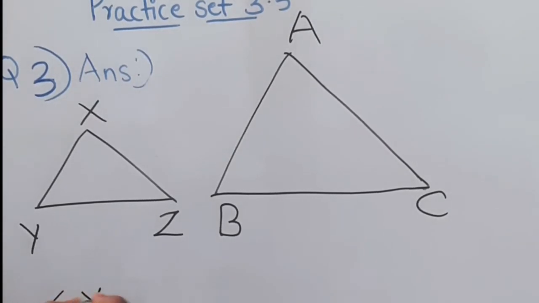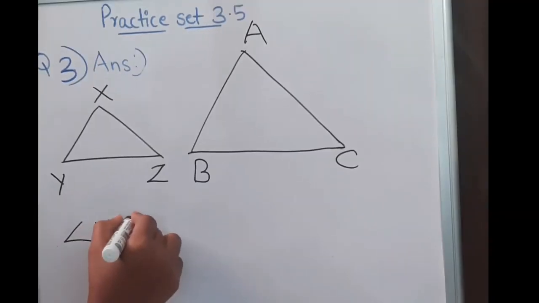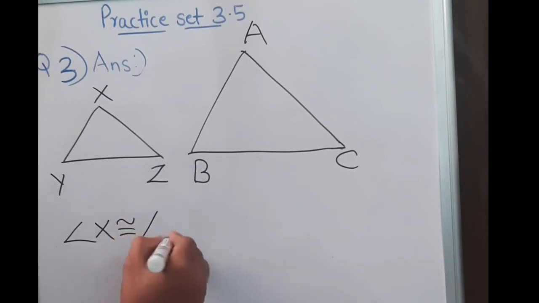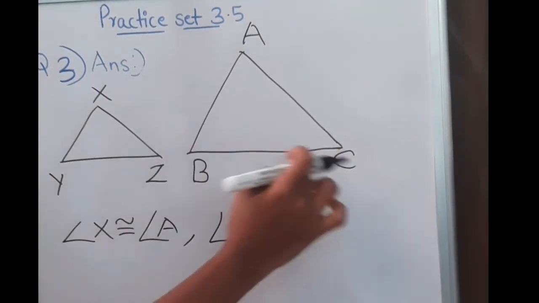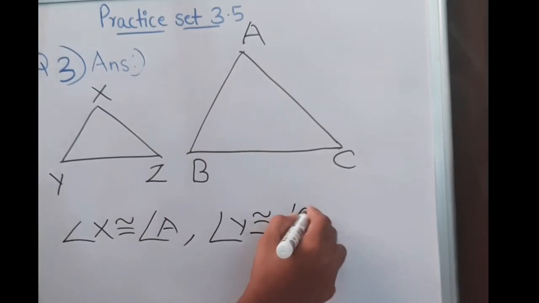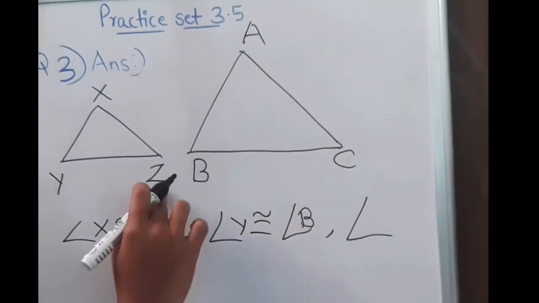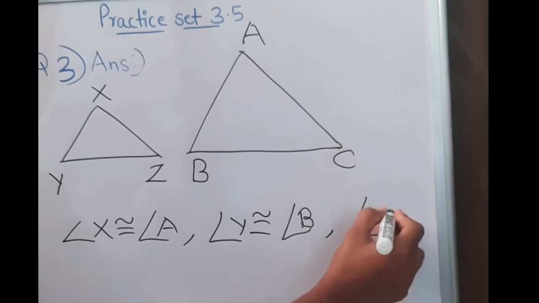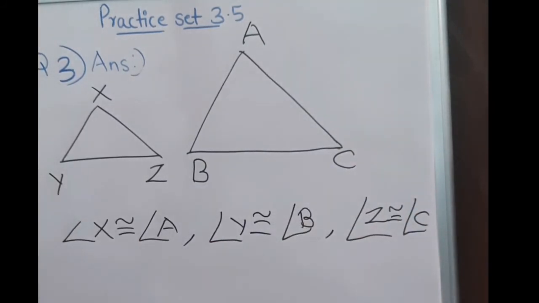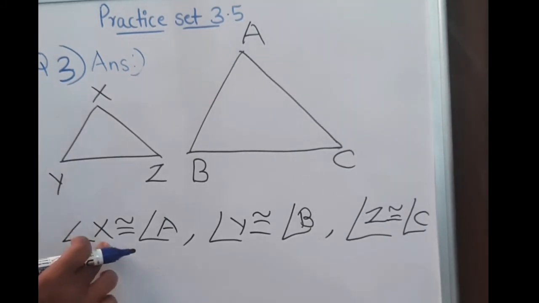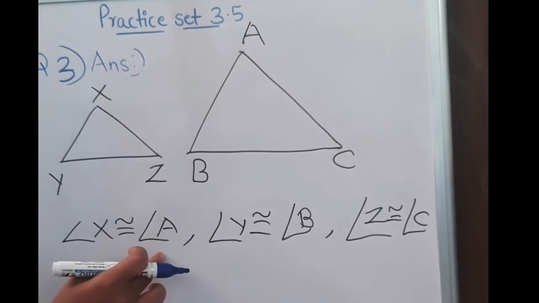Angle X is congruent to angle A, angle Y is congruent to angle B, angle Z is congruent to angle C.